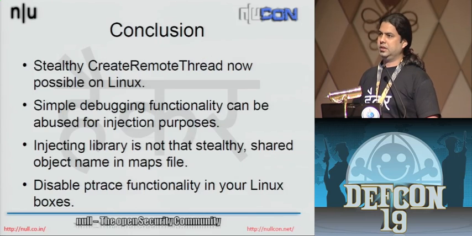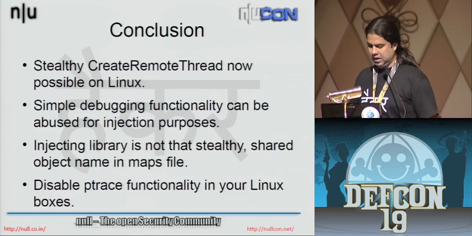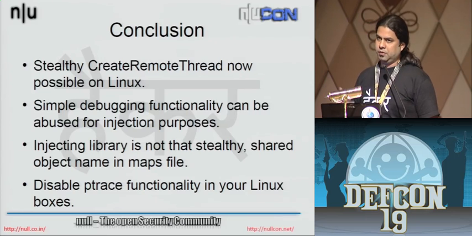Fedora, I think, still has it open. If you want to safeguard yourself from any future threat of this kind, the best way would be to just disable ptrace, because on a normal system, if it's not a development box, there is no requirement of having ptrace on. It makes no sense, actually.